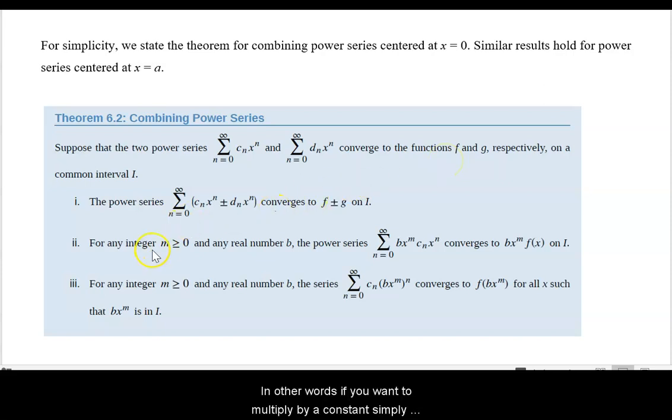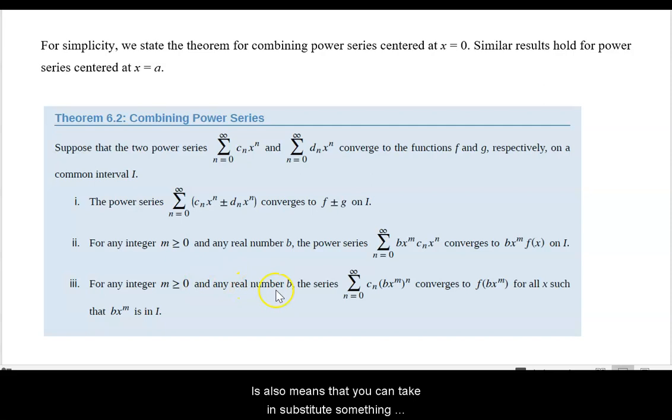In other words, if you want to multiply by a constant, simply multiply the constant by whatever the power series converges to. If you want to multiply by some power of x, simply multiply that power of x by whatever the function the power series converges to.